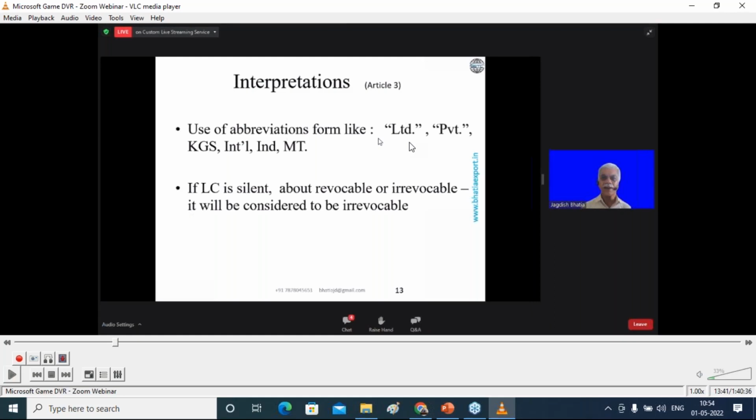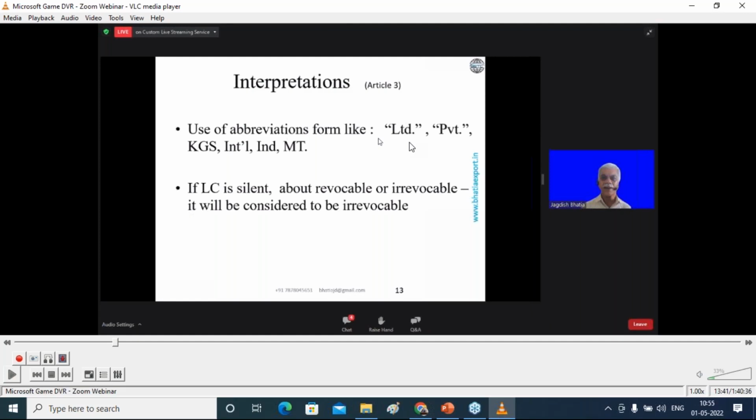But if anybody makes it revocable, then it is a caution mark. Revocable should not be entertained. Many countries have also made certain restrictions on the operation of revocable LCs. They should all be irrevocable LCs only. That means once the LC is established, the applicant, the buyer, has no right to make any changes.